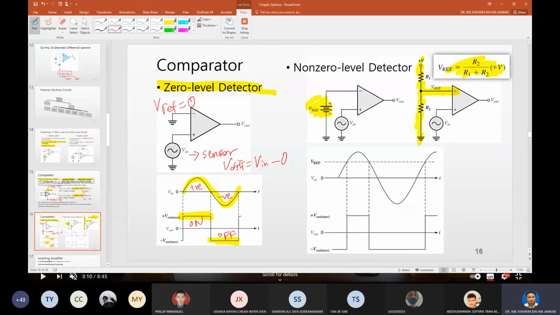This is where you put your sensor signal. Your sensor signal, the yellow one, will then be compared to a reference value, in which if your Vref is bigger.